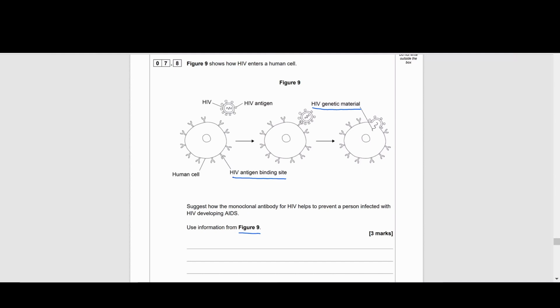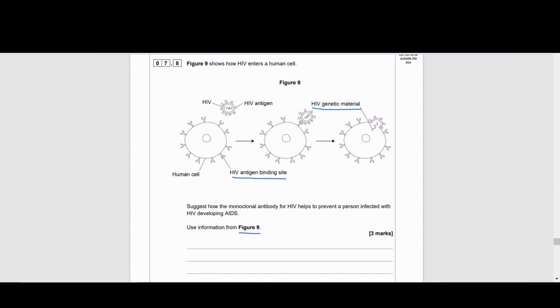So we have a human cell which has got on its surface a HIV antigen binding site. We have a HIV virus with a HIV antigen. So what should happen then is the HIV antigen should just bind to the binding site as it's shown in the second section here.